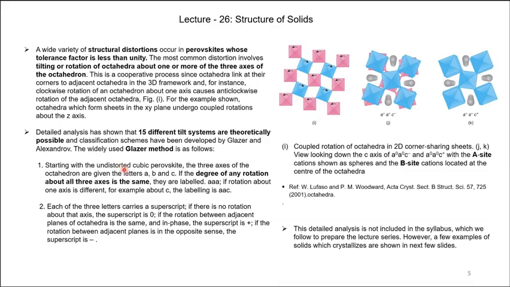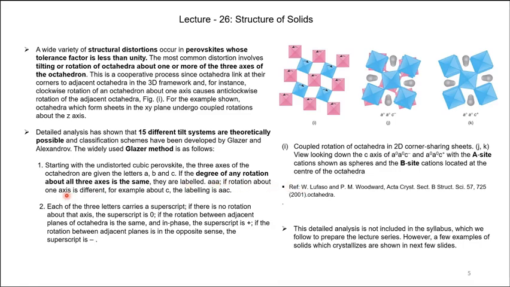What are these? For the undistorted perovskite, the three axes of the octahedron are given as A, B, C. If the degree of rotation about all three axes is the same, then we label this as AAA distortion.